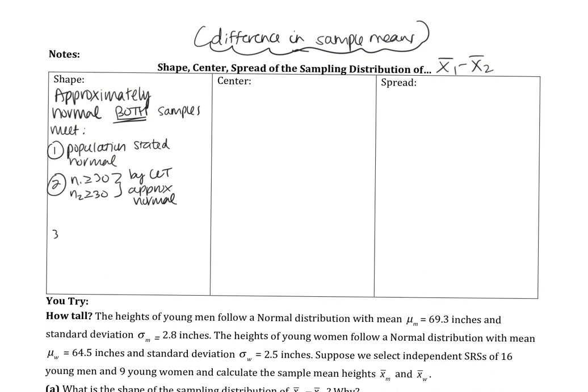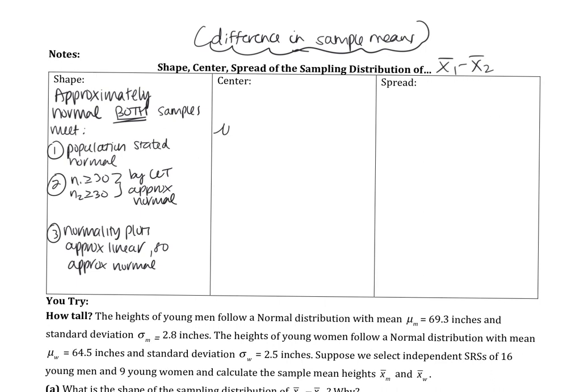And option number 3 is that the normality plots are approximately linear, so the distribution is approximately normal. All right, the center is just like what we learned for one sample.